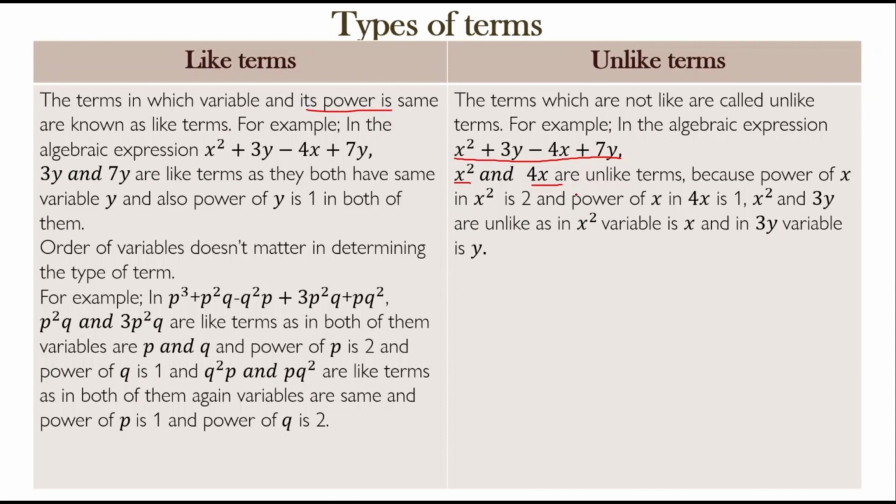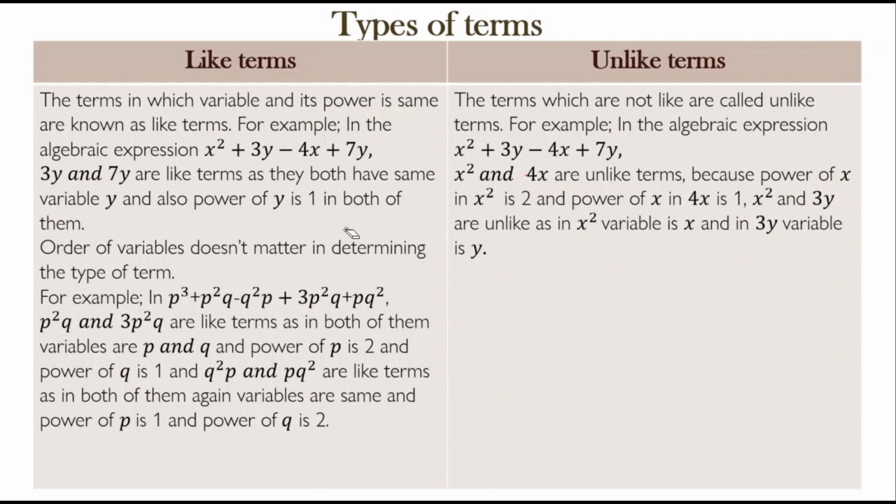Because the power of x in x square is 2, but the power of x in 4x is 1. That is why they are unlike terms. Similarly, x square and 3y are unlike terms. Why? Because the variables are different. In x square, we have the variable x, but in 3y, we have the variable y. I hope it's clear.